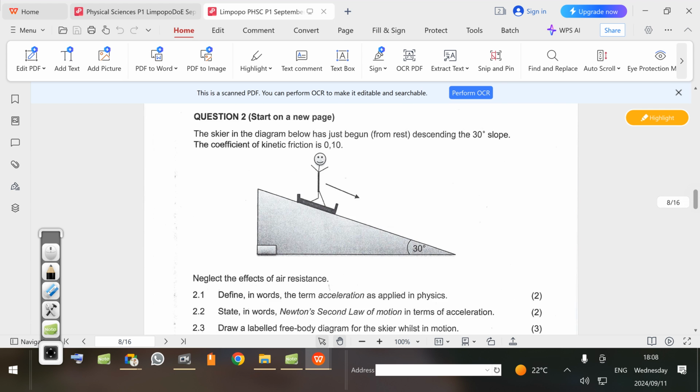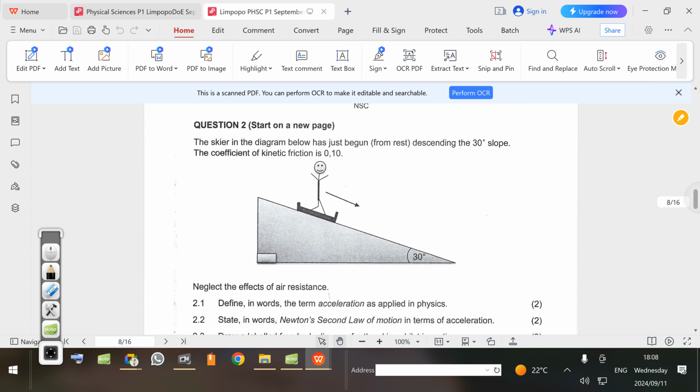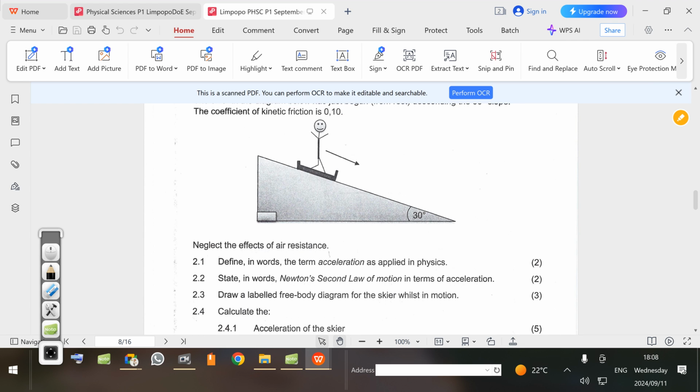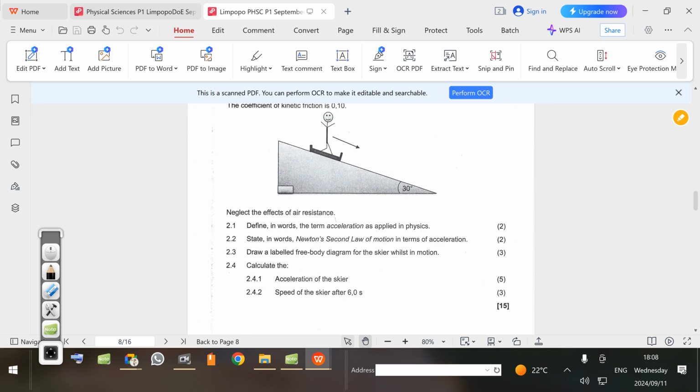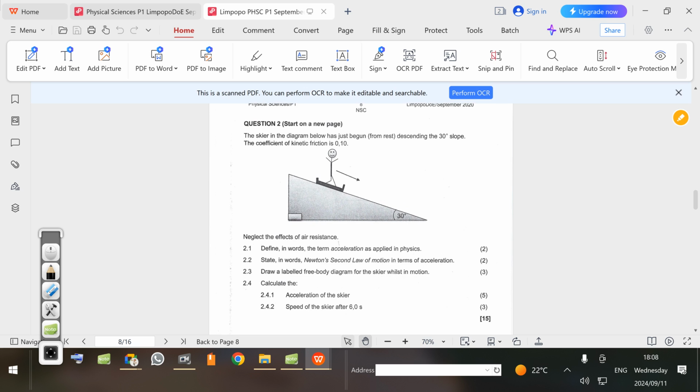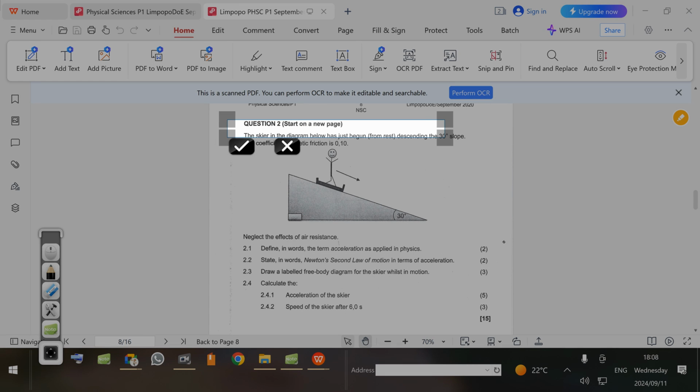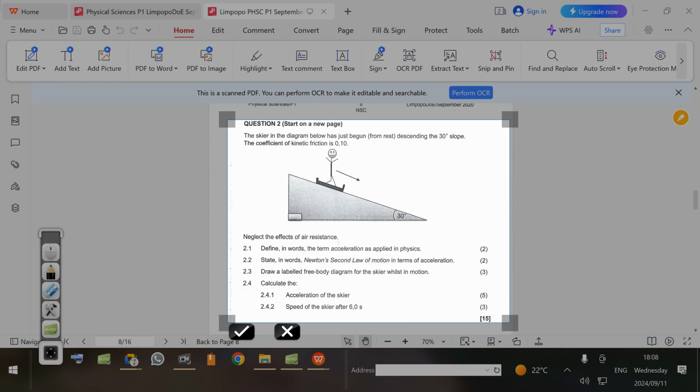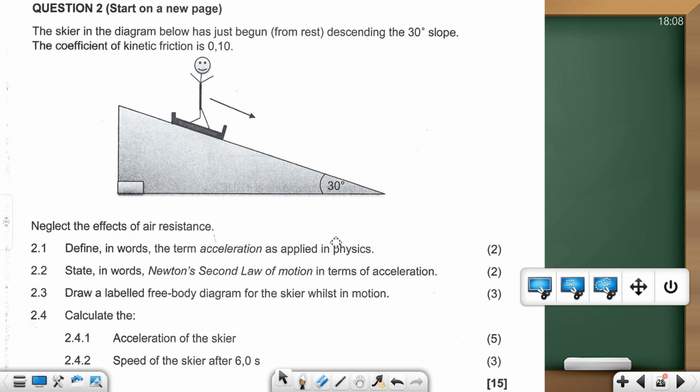Limpopo 2020. Oh, there we go. You see my stick guy? Beautiful. Limpopo 2020. There we go. That's the question. I just looked it up now on the paper. Beautiful.